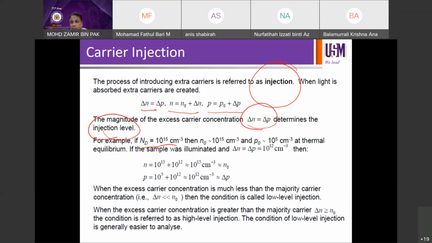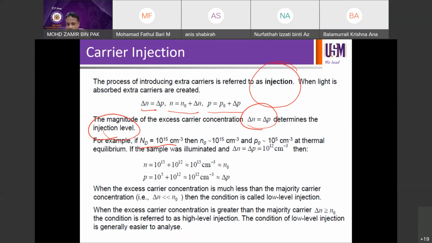If you're talking about P-type material, for example, then your Na will be equal to your P naught, and your N naught will then be equal to ni squared over P naught. That will give you your minority carriers. So understanding the concept of majority carriers and minority carriers is very important in this case, because you need to calculate the majority and the minority accordingly, right?